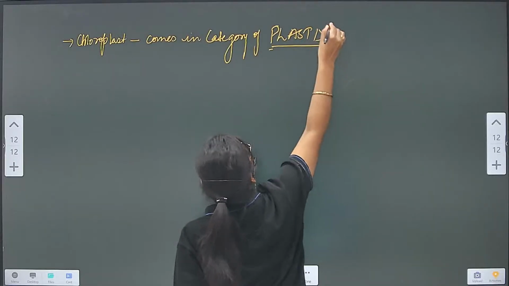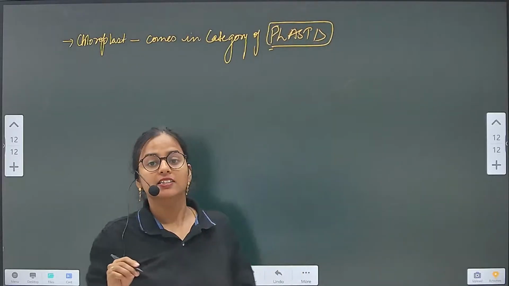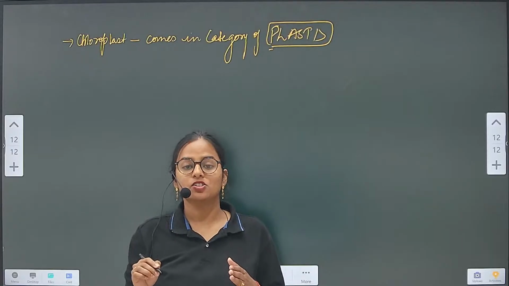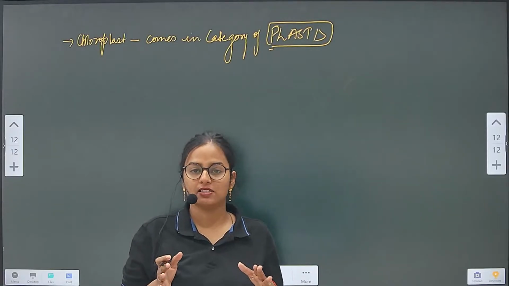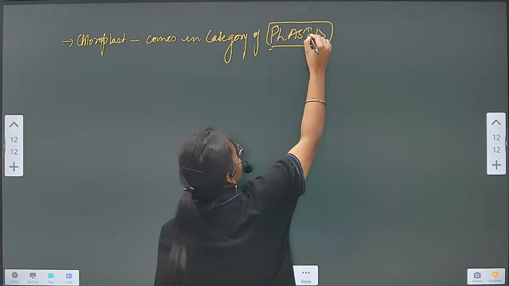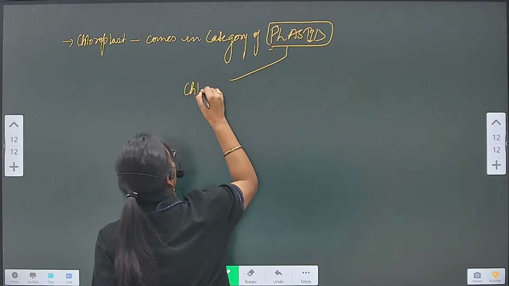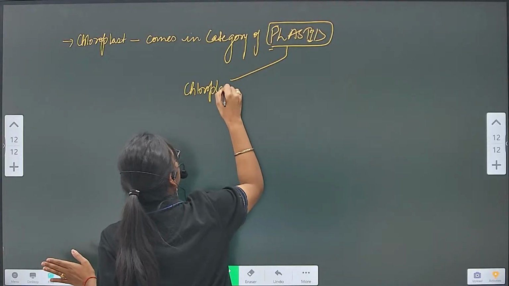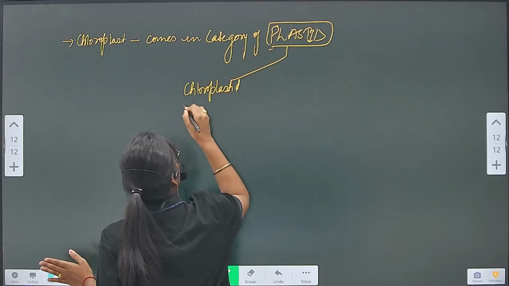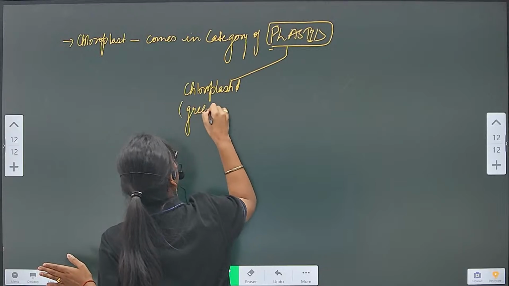Actually, chloroplast is a type of plastid. These are structures which consist of several types of pigments or are meant for storage. So one was the chloroplast, which we have already done, which consists of green color pigment.